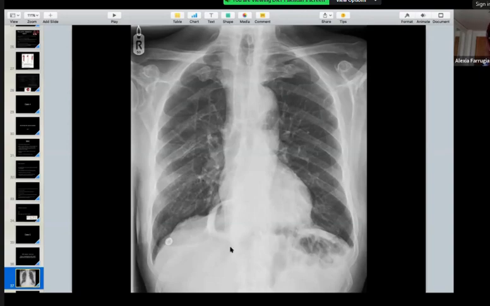Focusing on this region, can you see something there? I think, yes, it's coming in and out. I can see that there's a linear structure in that gastric bubble. And then going down, I can't really see it beyond there.